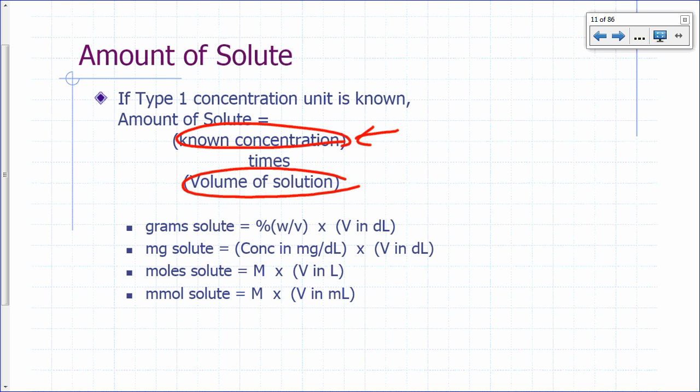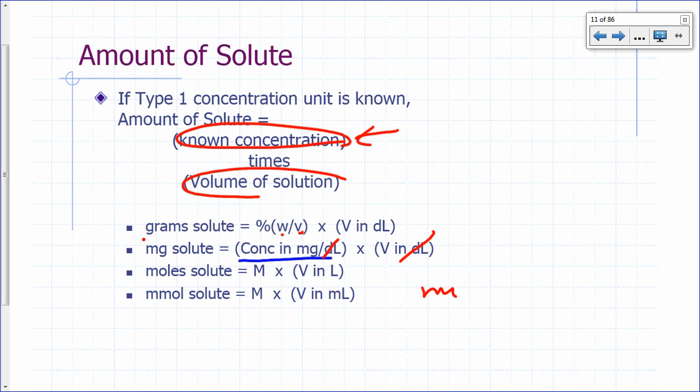So for example, if you know percent by weight by volume, this is grams per deciliter. You multiply that by the actual volume in deciliters of your sample, then that gives you the grams of solute present. Okay? If you're given the concentration in milligrams per deciliter, multiply that by deciliter. The deciliter will cancel. That will give you the amount of solute in milligrams.